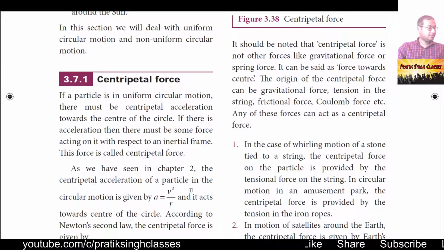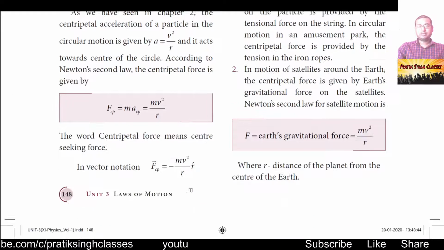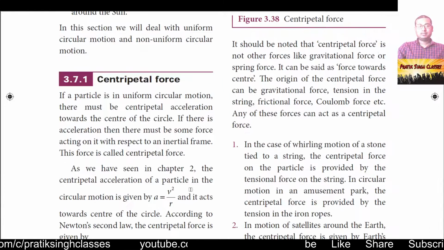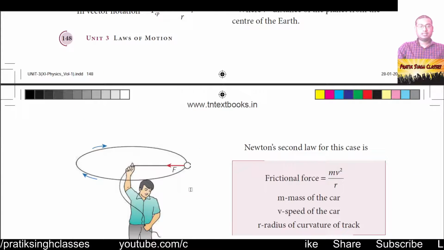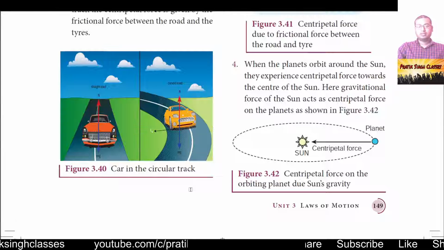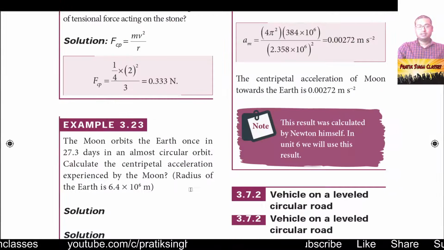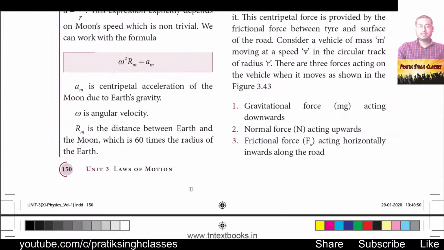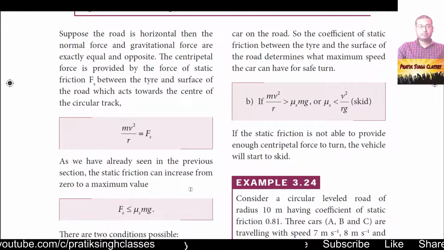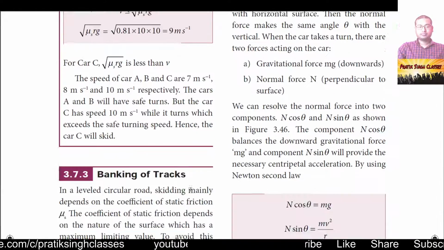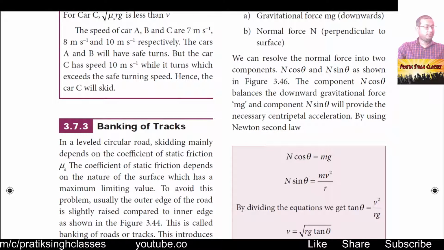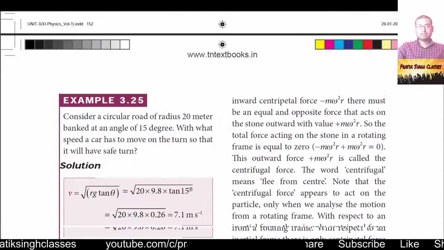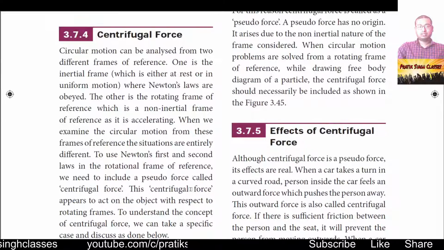We have to study section 3.7, 3.7.1, 3.7.2, and 3.7.3. In section 3.7.1 we have centripetal force. In section 3.7.2 we have vehicle on a level circular road, and in section 3.7.3 we have banking of tracks. After that, we do not need to go through the other topics.